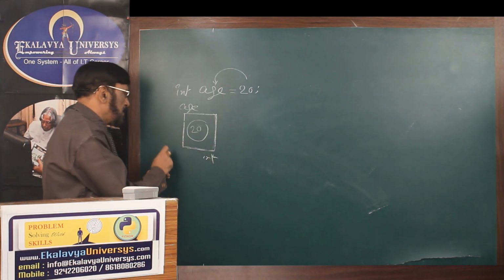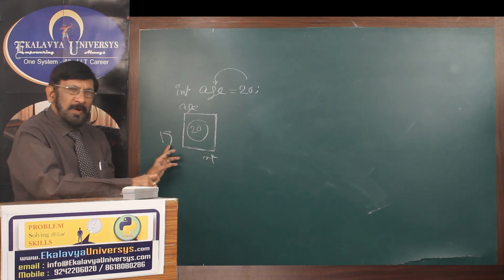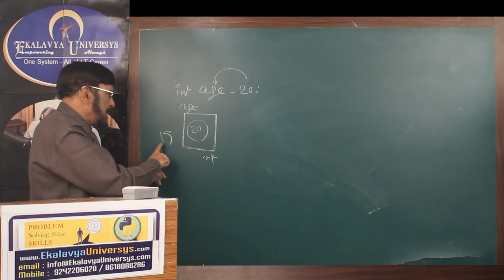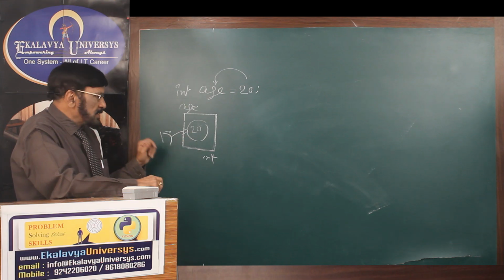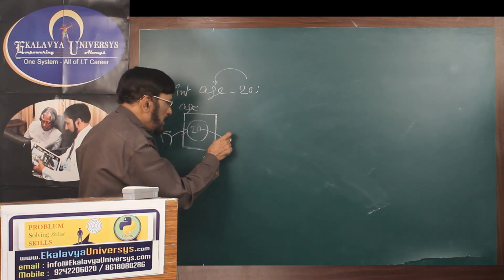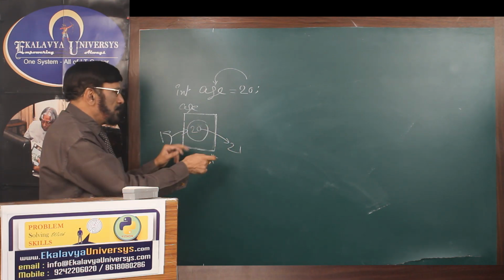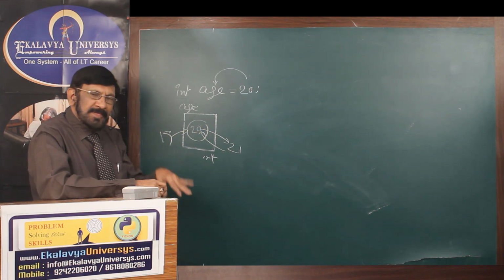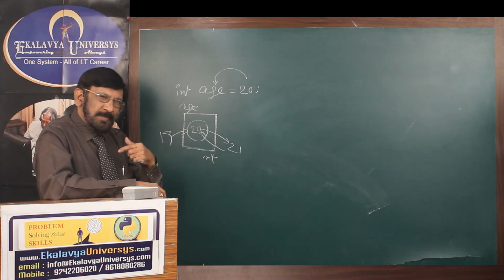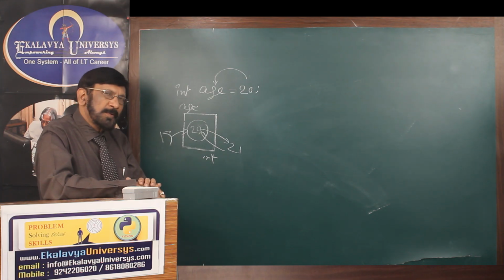Why is it called variable? What happened last year? What was your age? 19. 19 was replaced by 20. What will happen next year? 20 will be replaced by 21. In that sense it is called a variable. Actually, in my view, it is a misnomer; that's why people are confused.